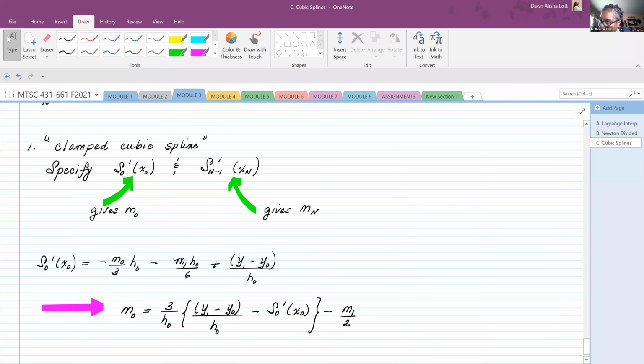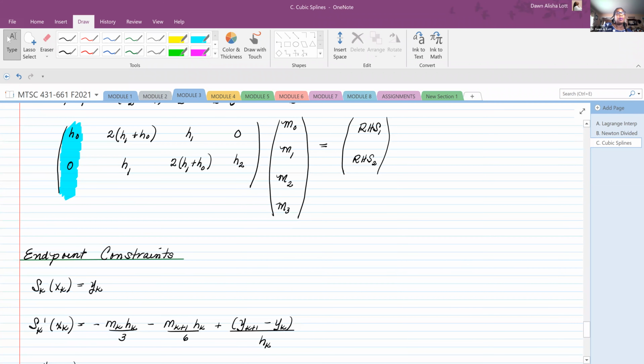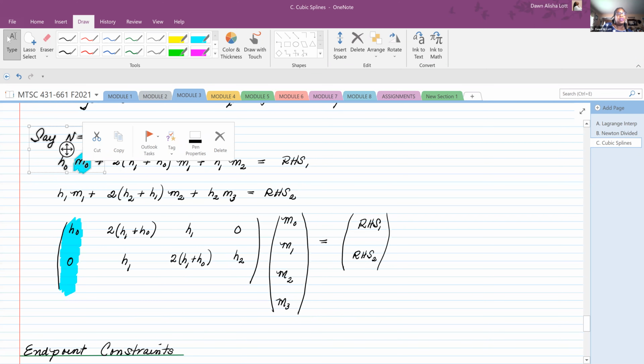I said in the elimination, anywhere we see M naught, we replace it with this. Yes. Okay. So M naught would go in here. When M naught goes in here, then anything that has an M1, you combine it with the M1 term, and anything that does not have M1 or M2, you throw to the right-hand side.